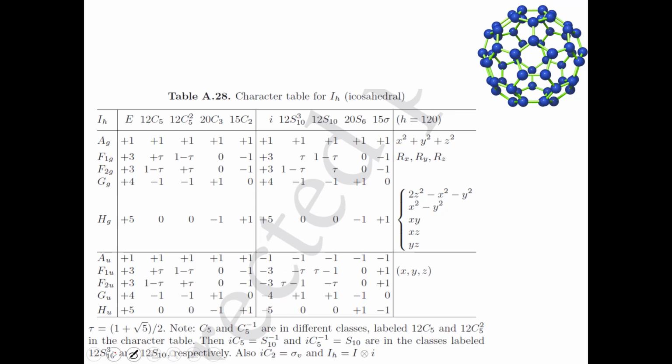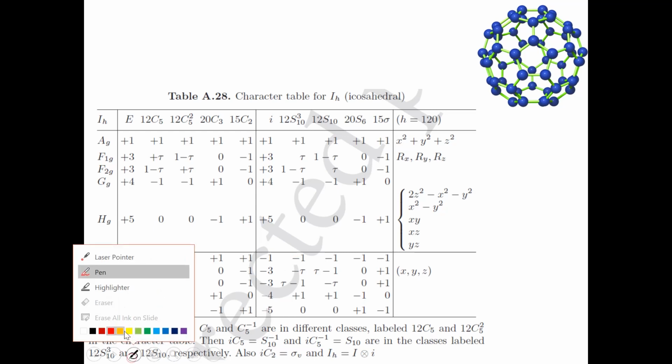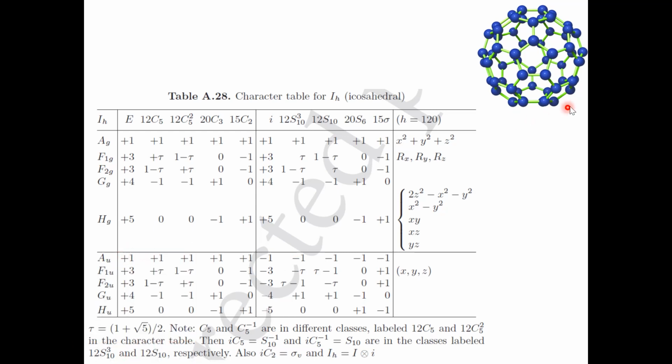It has a total of 120 symmetry operations. So it's a very symmetric molecule, the C60 molecule. This is an interesting example.